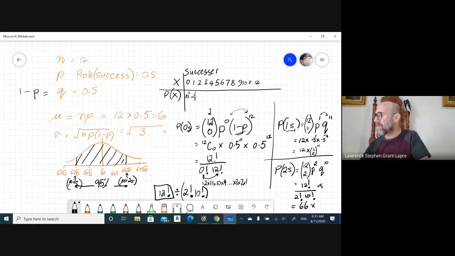Times 0.5 to the power of 2, 0.5 to the power of 10. So we've got half to the power of 12 again. So I'm going to put here 66 times half to the power of 12. Now, we've only worked out the first 3.